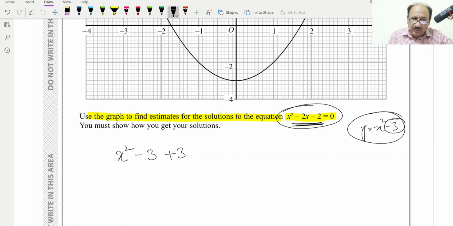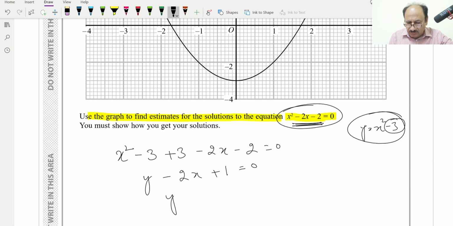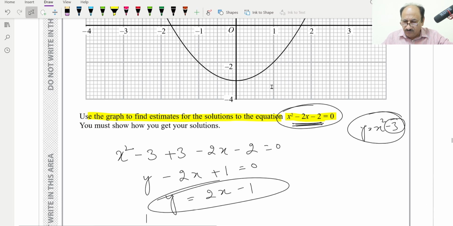Then minus 2x minus 2 is equal to 0, and this portion x squared minus 3 is y. So y minus 2x plus 3 minus 2, which is plus 1, equal to 0, and y is equal to 2x minus 1. This is the equation of the line we have formed.